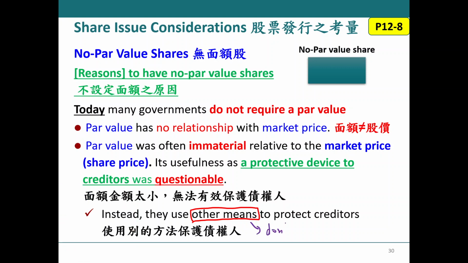They don't use par value to protect creditors. So that's why more countries, more companies prefer no par value shares. Any questions?